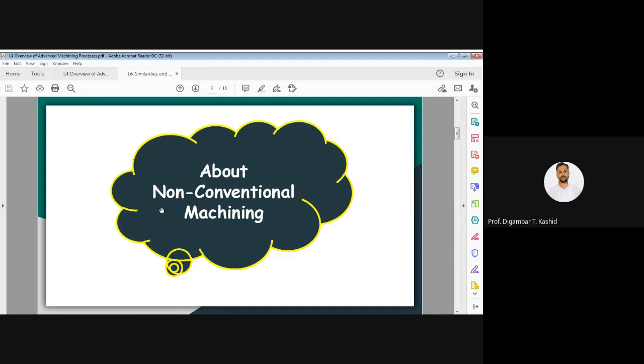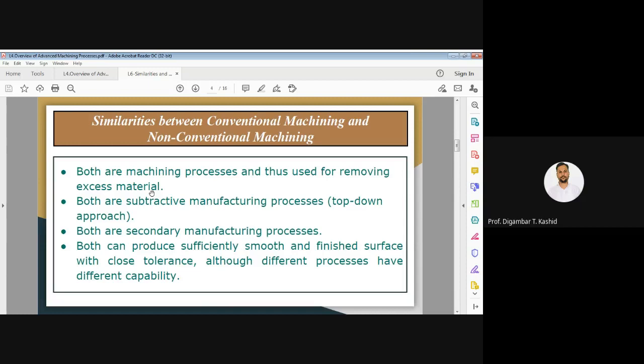There are several non-conventional machining processes, like abrasive jet machining, ultrasonic machining, electrochemical machining, electrodischarge machining, laser beam machining, etc. Each process has its distinct capabilities and is suitable for specific purposes. Now I have mentioned some similarities between conventional and non-conventional machining.